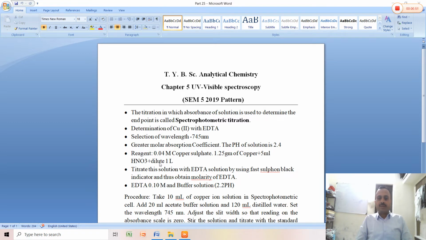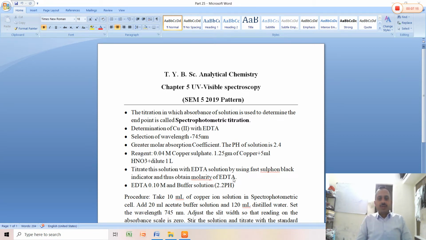Then there is addition of 5 ml concentrated nitric acid so that copper will get dissolved easily, and then the total volume is made up to 1 liter. Now the next point is to titrate this solution with EDTA solution by using fast sulfon black indicator, and thus obtain the molarity of EDTA.